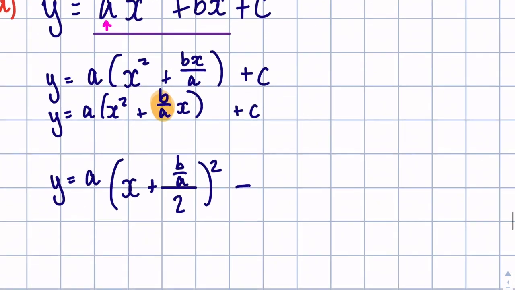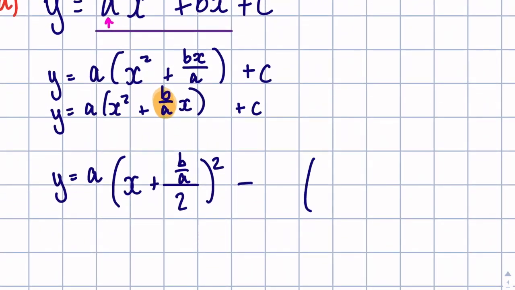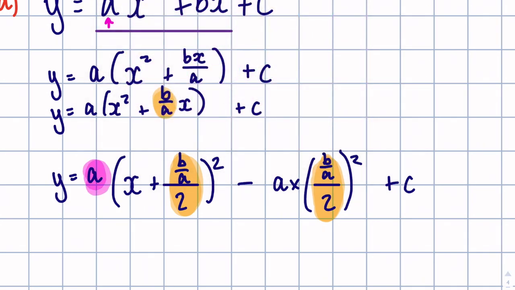Normally you'd just want to do b on a on 2 squared, but we also have to remember that it's a times as well, and then plus c goes on the end. This a popped up here because when the b on a on 2 is squared, it's also times by a, and we have to get rid of that.